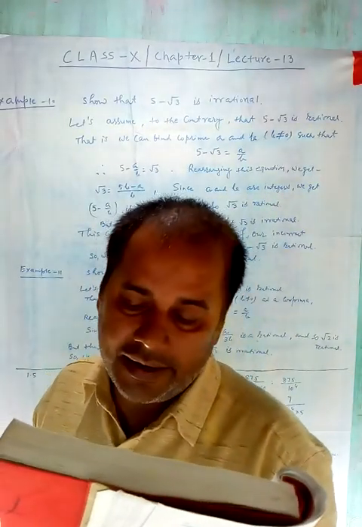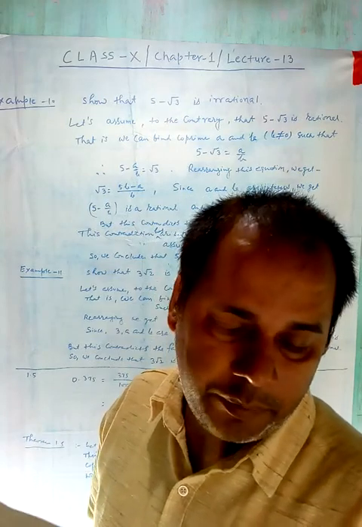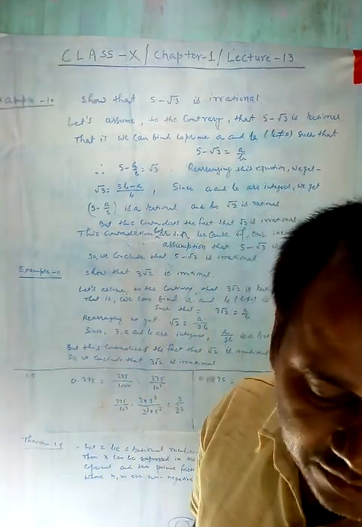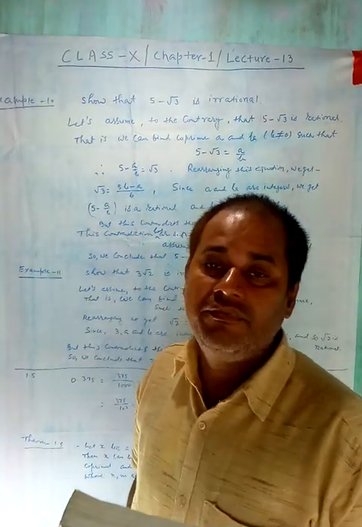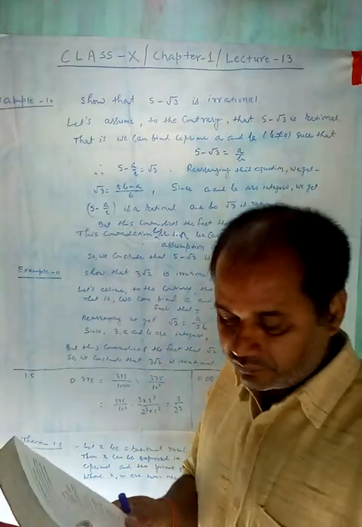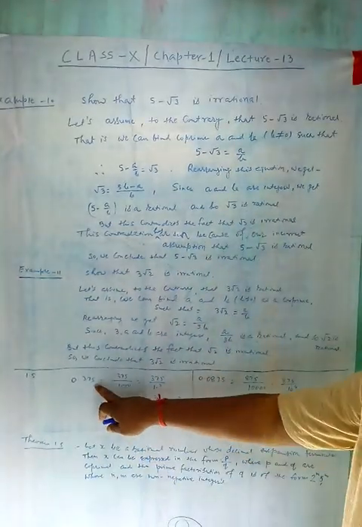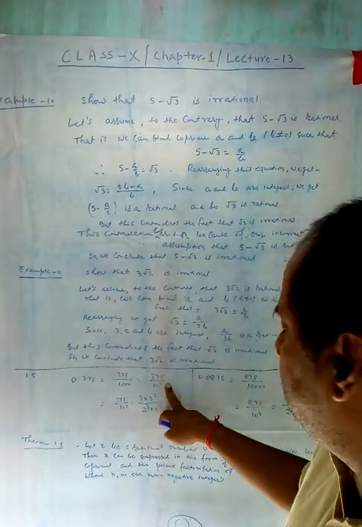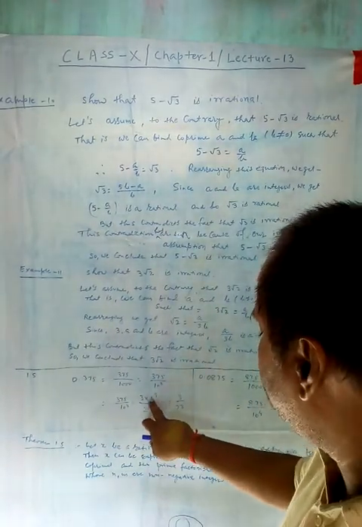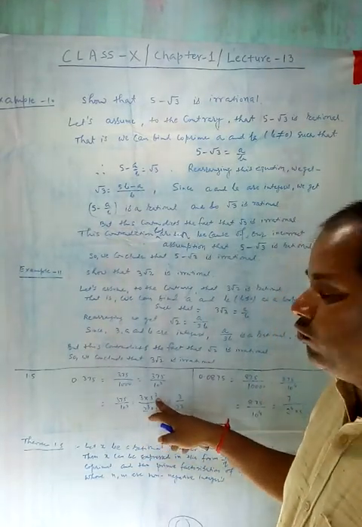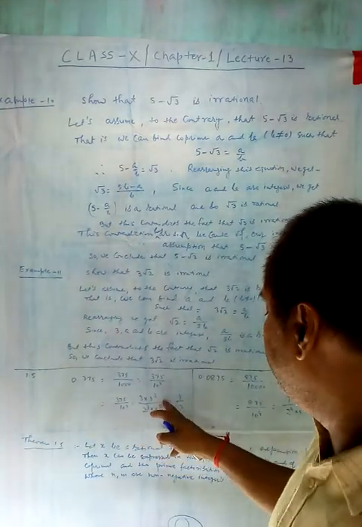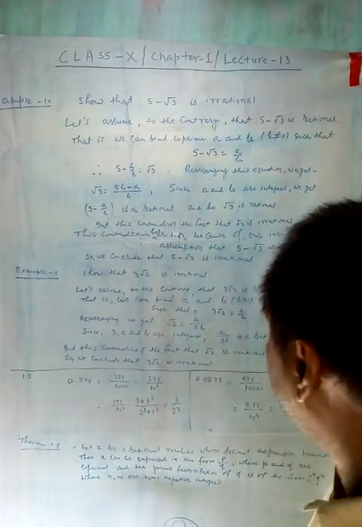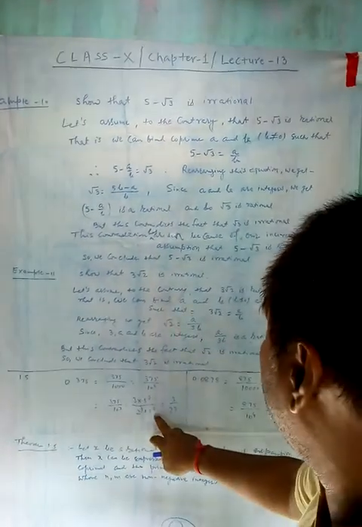Let us try and cancel the common factors between the numerator and denominator and see what we get. 0.375 is equal to 375 by 10 to the power 3, that is 3 into 5 to the power 3 by 2 to the power 3 into 5 to the power 3.